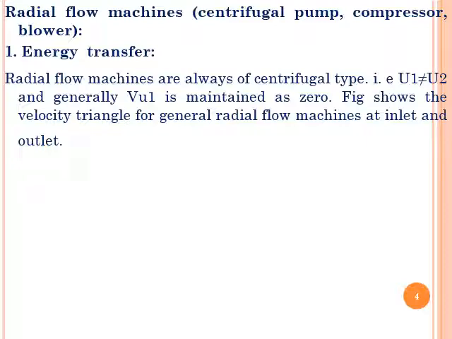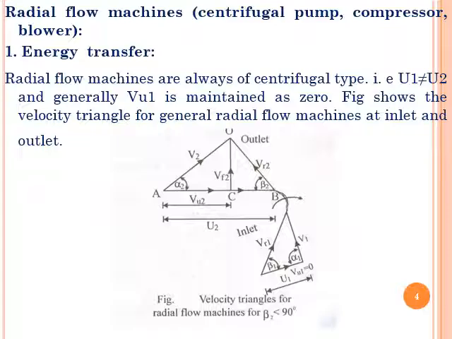The figure below shows the velocity triangle for general radial flow machines at inlet and outlet. In this velocity triangle, see here alpha 1 is equal to 90 degrees. That means the flow of fluid takes place in the radial direction.